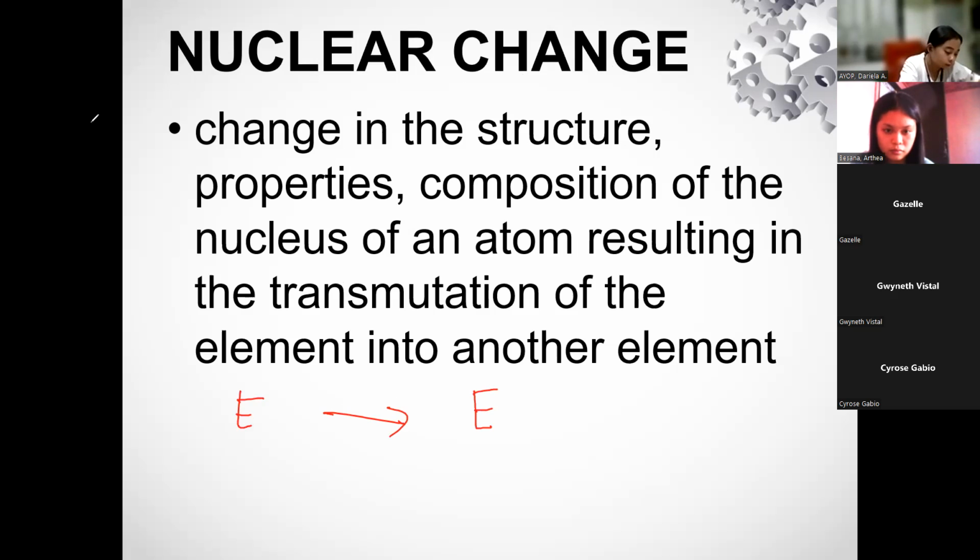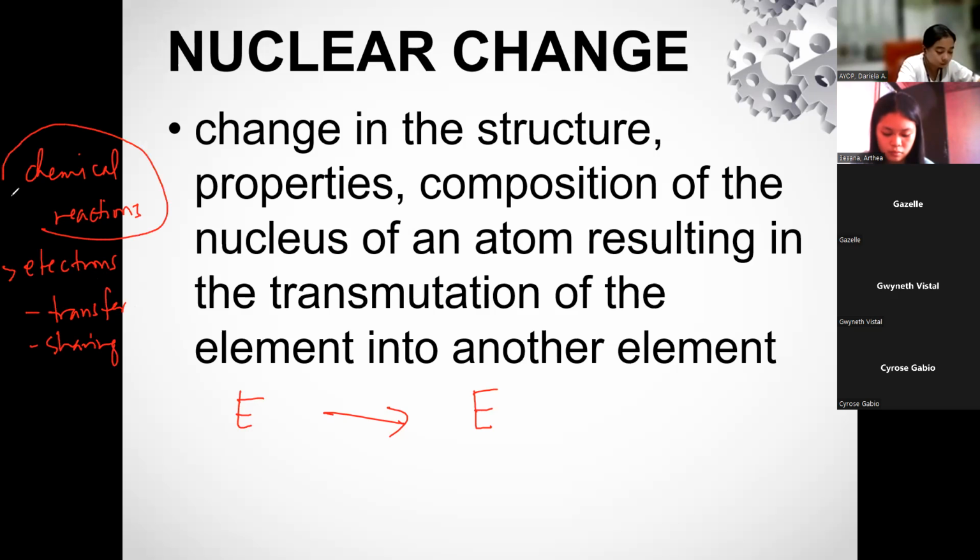Okay? Yung nakasanayan kasi natin na chemical reactions, yung nangyari dito is yung sa electrons. 'Di ba? Kung under kayo sa akin sa lab, sabi ko, it can undergo transfer of electrons or sharing of electrons. That is why chemical reactions happen. Pero walang pagbabago sa nucleus noon.